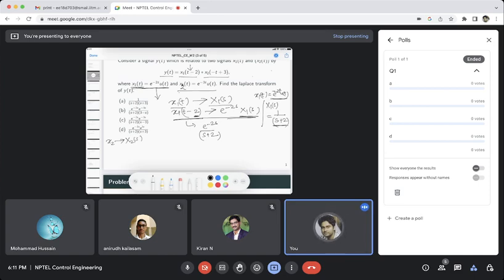Using the same property we used for x1, since the Laplace transform of u(t) is 1 by s, e to the power minus 3t u(t) will be 1 by s plus 3, shifted by the quantity in the exponential term. Now in x2 we have minus t plus 3, so the time is reversed there, and we can also write the x2 quantity as minus of t minus 3.